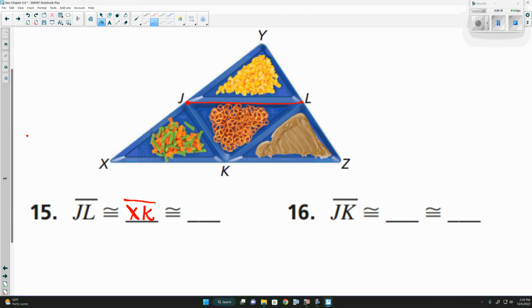XK, NK, Z. These three segments are going to be congruent. So JK. Questions on any of this here?